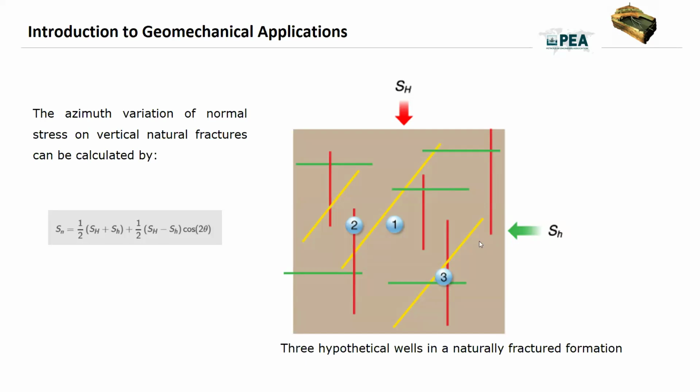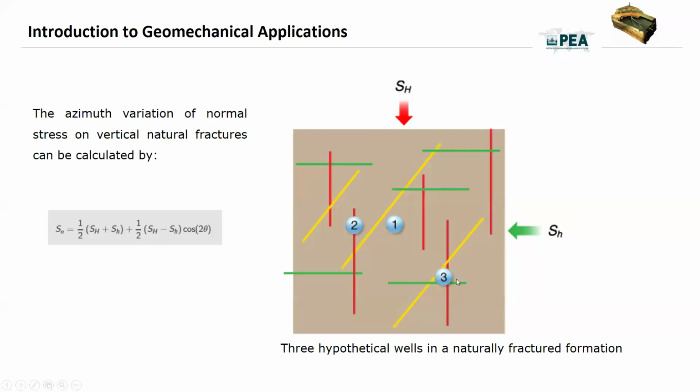Well 2 intersects a natural fracture, this red one, aligned with the maximum horizontal stress SH max. The normal stress acting on this fracture is equal in magnitude to the minimum horizontal stress SH min. So if the well pressure is greater than SH min, the fracture dilates and the well starts to lose fluid.